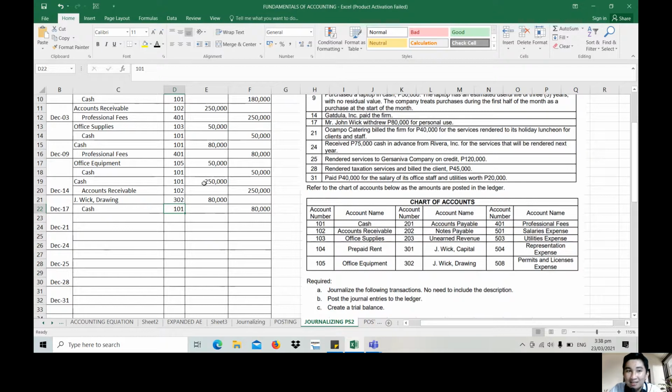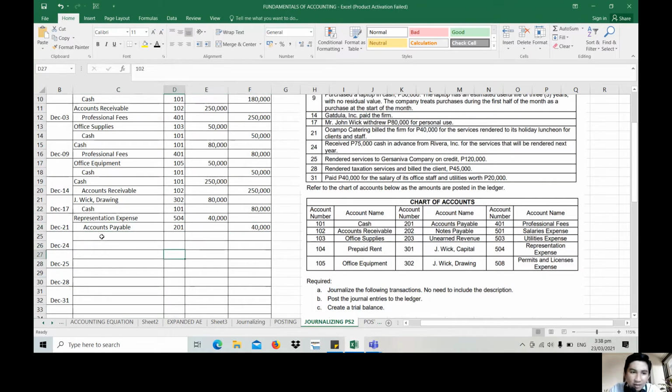Ayan, for the clients and staff. So that's actually a representation expense. Okay, so debit tayo, representation expense 40,000, credit ano ba? Accounts payable. Siyempre, ang word kasi or ang term billed pa, hindi pa naman paid. Okay, so accounts payable muna tayo.